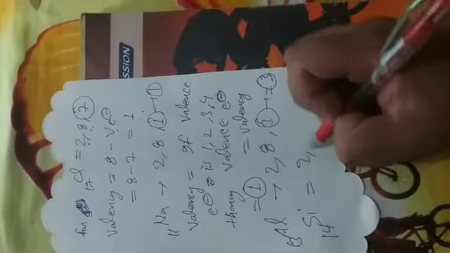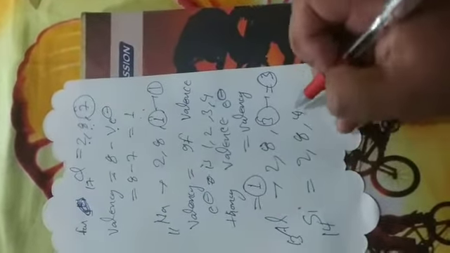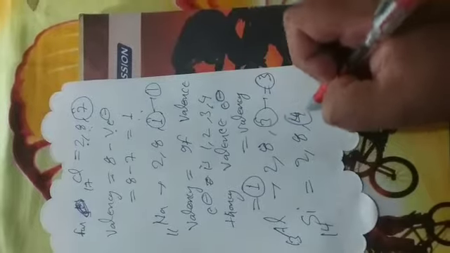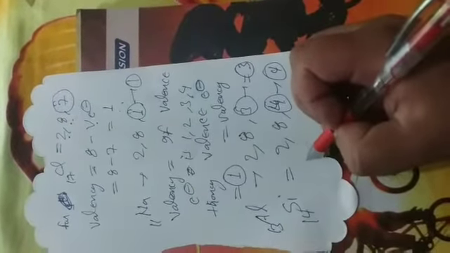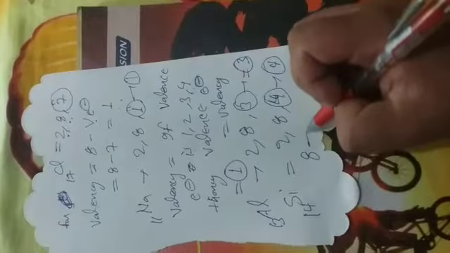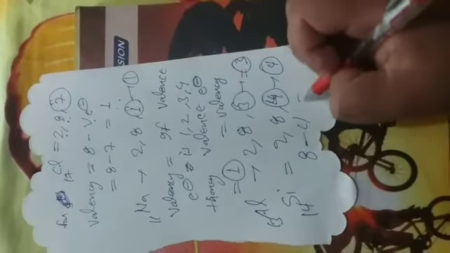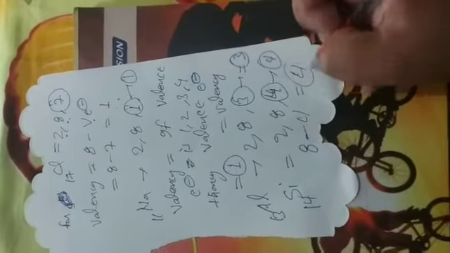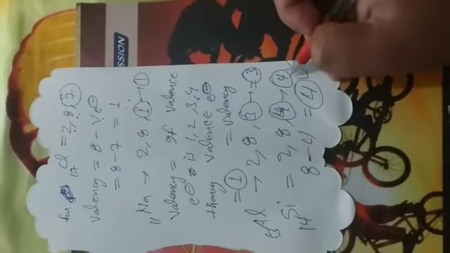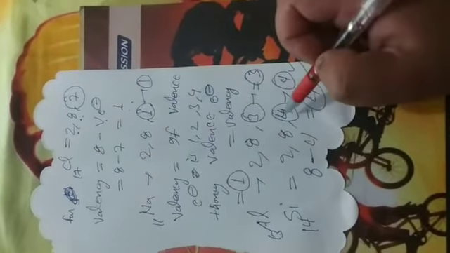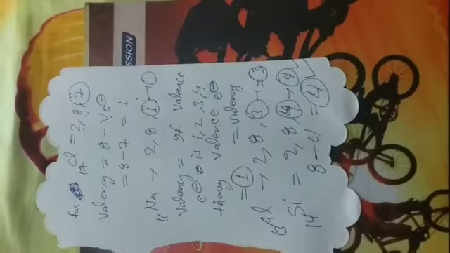For the first formula 2, 8, 4, valence electron is 4, so the valency is 4. Second formula 8 minus valence electron is equal to 4, so valency is 4. So both formulas are applicable in case of 4 outermost electrons.